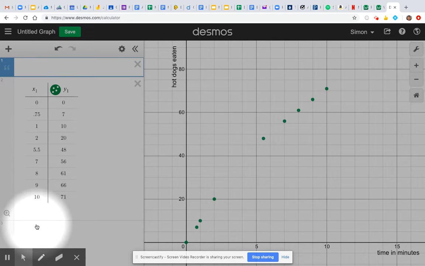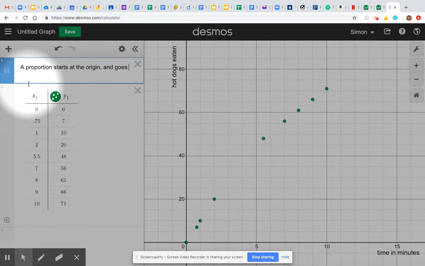So I'm just going to write a note here for you. A proportion starts at the origin, which is the point 0, 0, which this one does, and goes at a constant rate of change, which this one does not.